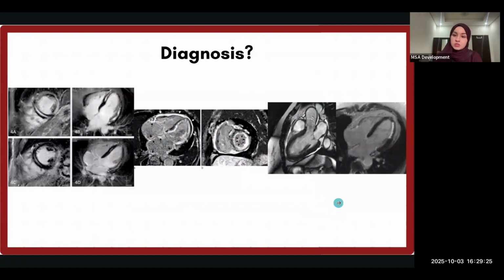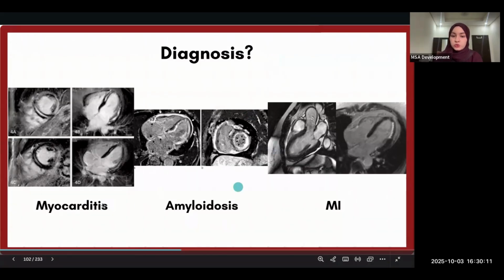Now, this is just to talk about the imaging modalities.